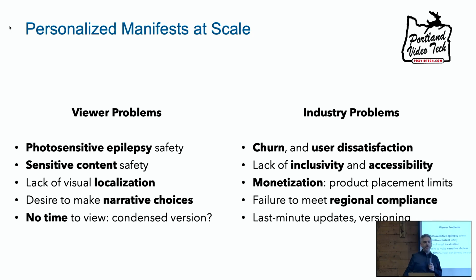The same could be true for scenes with a lot of blood, gore, like PG-13 versus R-rated content, or if there's lack of visual localization, so visual localization instead of forced narrative subtitles. I'll show a little bit of that later on.